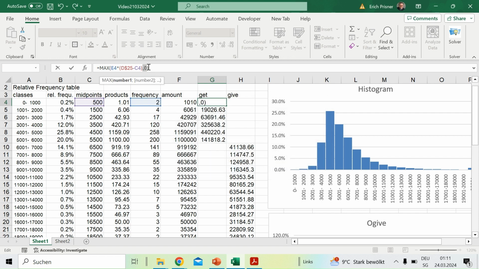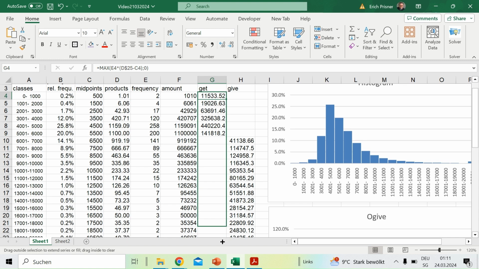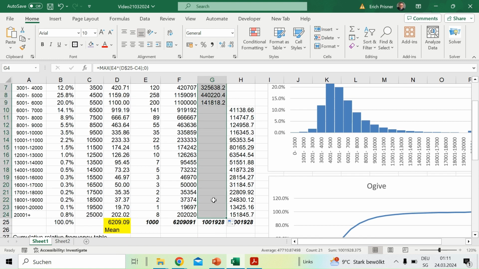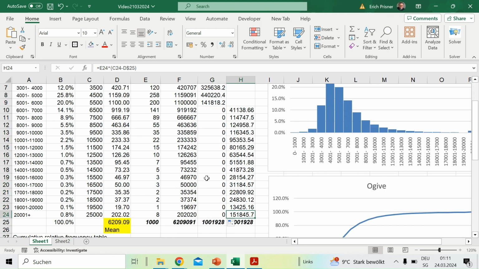I guess in my Excel, I need a semicolon. I suppose it depends on the language setting. It's either a semicolon or comma, depending on the language. And then I put this down here, and I get zeros. And I'm doing exactly the same here.